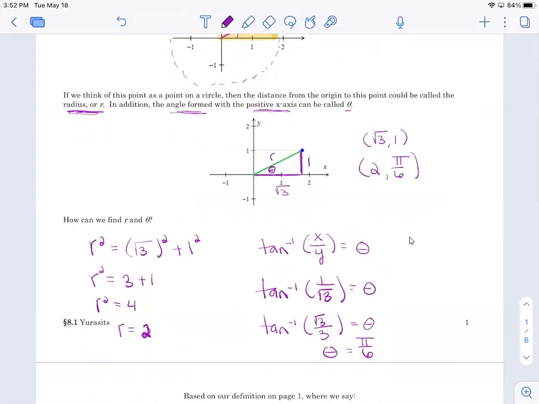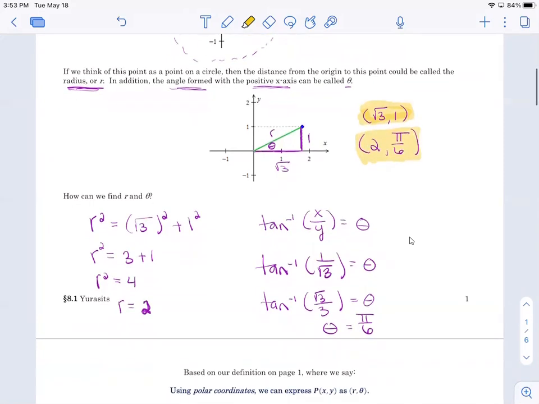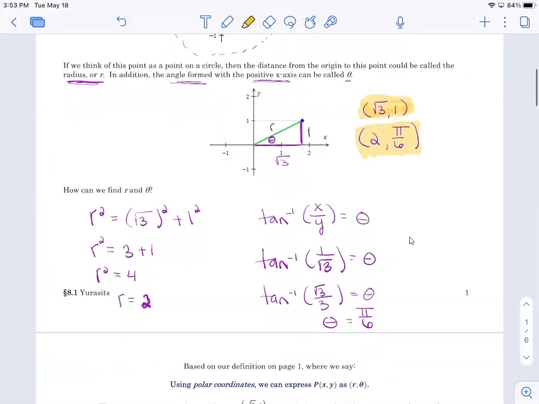Now, one thing that's nice about polar world is when I graphed root 3, 1, I had to approximate where root 3 is. That is hard, right? It's an irrational number. It goes on forever and ever. So there's an estimation happening there. However, if I plot 2, pi over 6, I can find its exact location much easier. And we'll see an example of that in our next example.